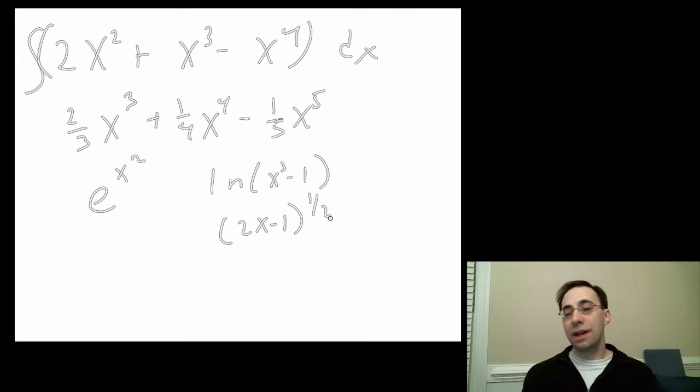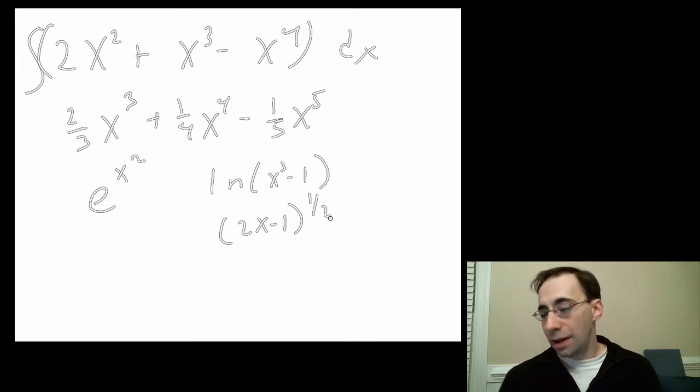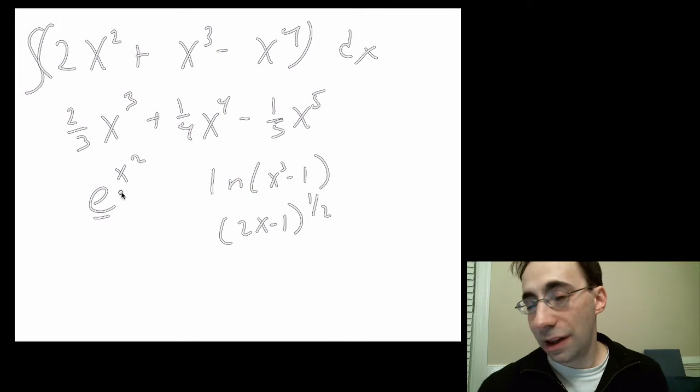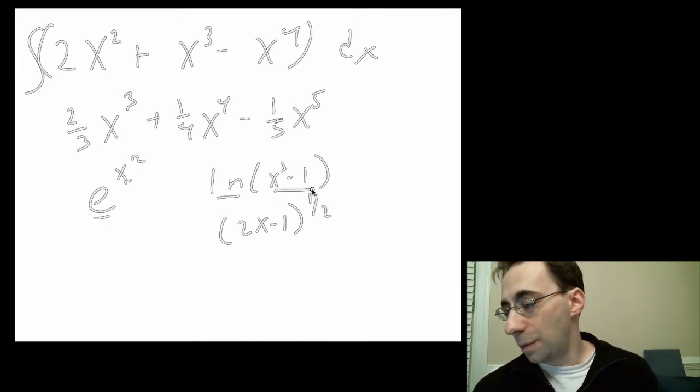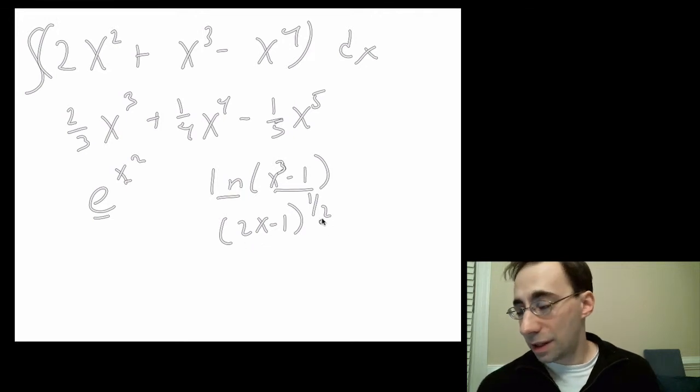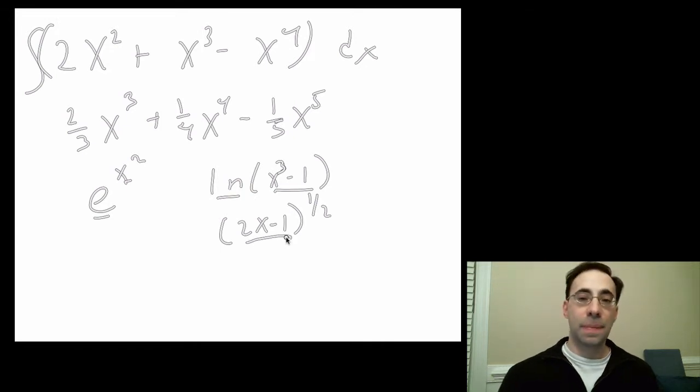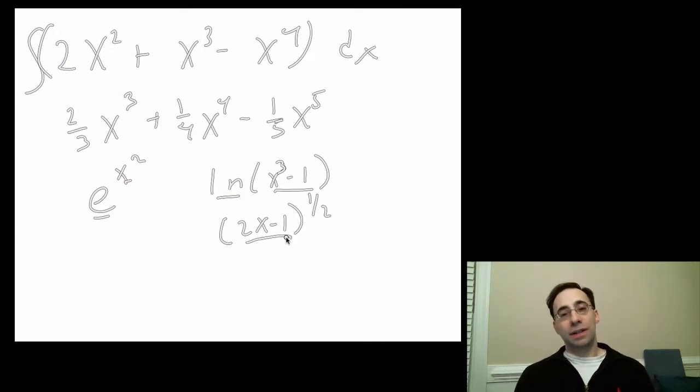In all these cases, you have a composite function. Here, e to the x is composed with x squared. Here, log of x is composed with x cubed minus 1. And here, the square root of x, x to the 1/2, is composed with 2x minus 1. So in all these cases, you have a composite function.